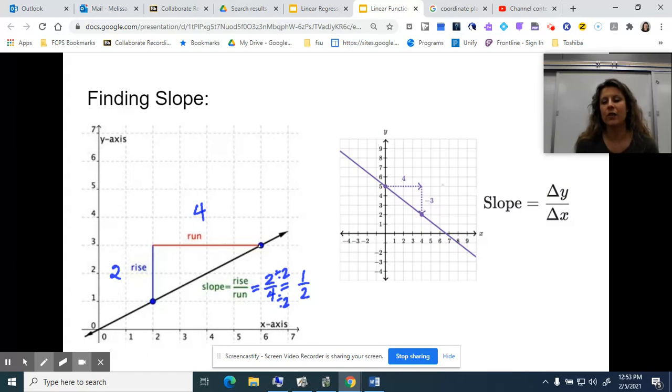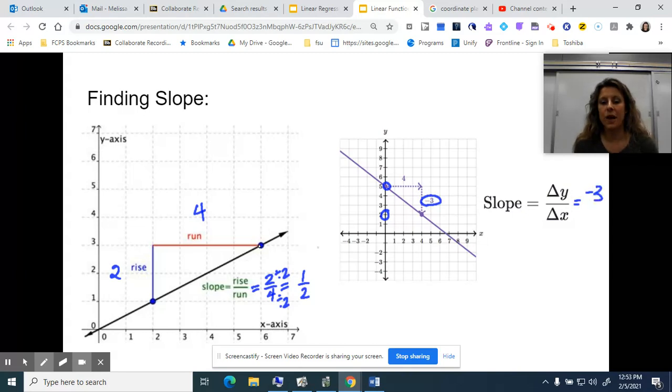Over here, if we look at the change in y, if we start at this top point, we may have to move down 3 units. The change in y started at 5 and went to 2. So the change in y is -3 units.